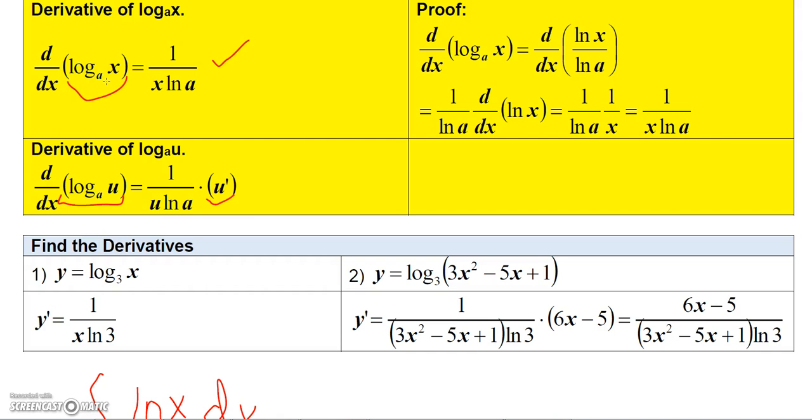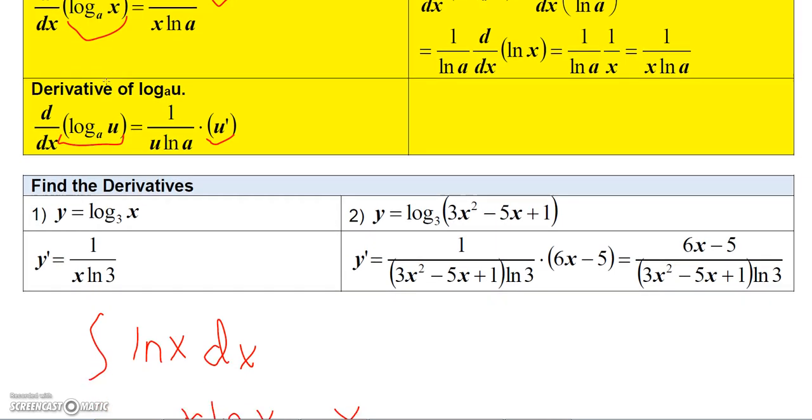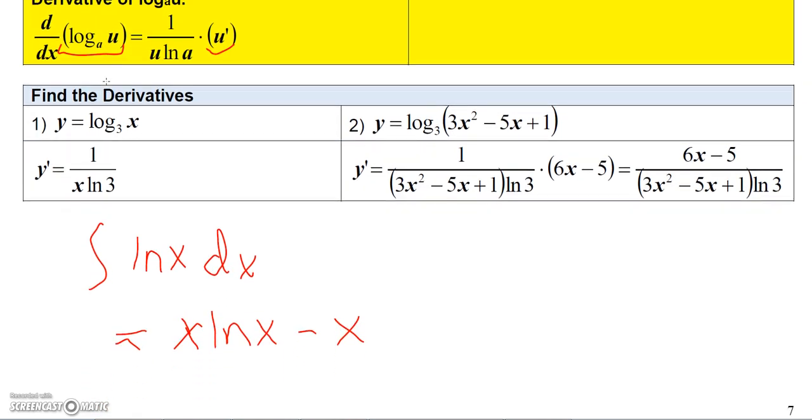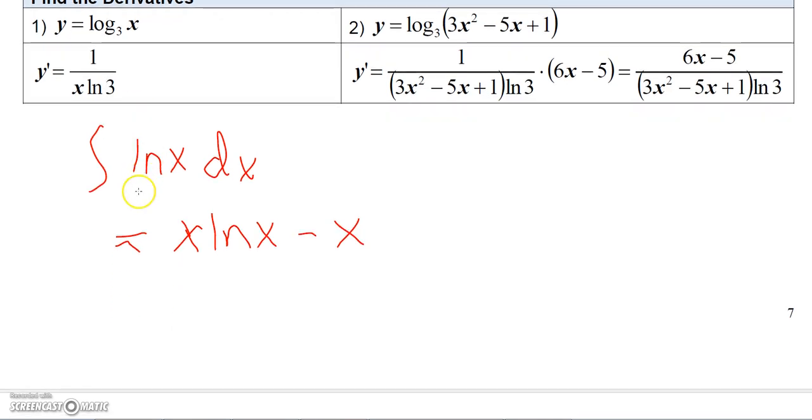But what I did want to show you is that if you wanted to integrate the natural log of x dx, then there is a formula for that. I'm not going to show you where it came from, but the formula for that would be x times the natural log of x minus x, and of course plus the constant.